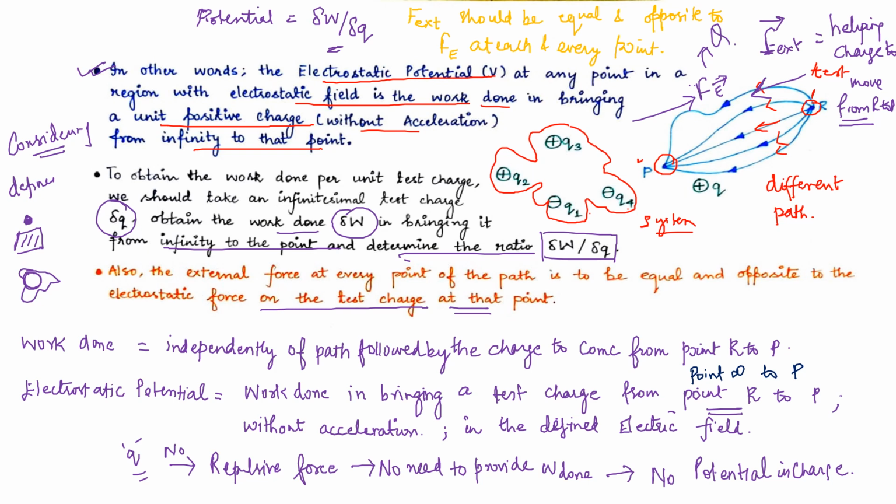So these are the rules: the force should be opposite, and work should be divided by charge to make it charge independent. This is the way we define electrostatic potential.